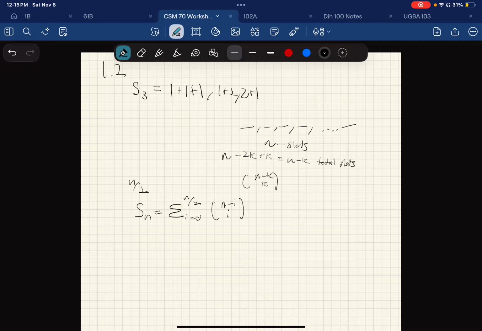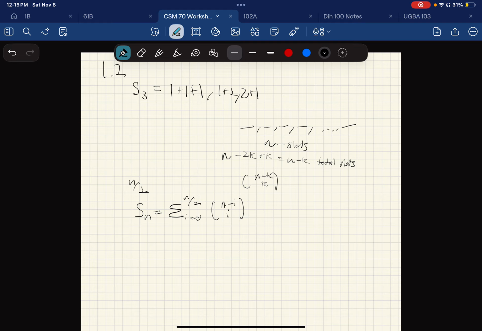And then this n minus i choose i represents the total number of ways that we can put twos in our n minus i slots, giving us all possibilities each time that we put in another 2, and then summing it gives the total number of possibilities.